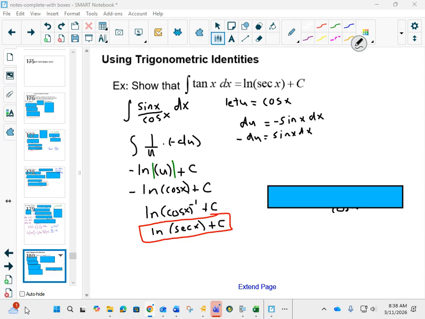And that negative out in front, you can use your log laws to put it as an exponent of -1. So we also have to really remember all of our log laws in this situation. And we get natural log of secant x plus c. And I would say this is one of the easier ones.